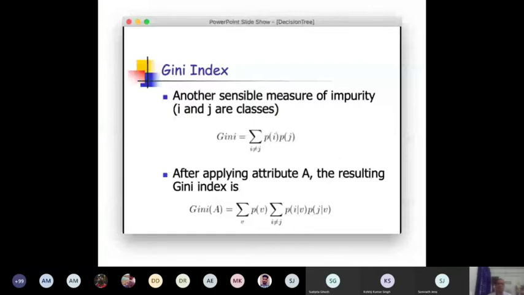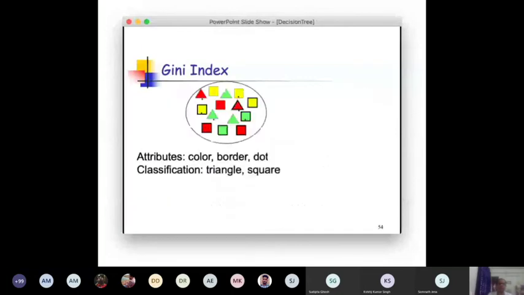Now this is the Gini index induced by the partitioning due to the attribute values of A. The difference of these two will give you the gain in terms of Gini index, the same measure.